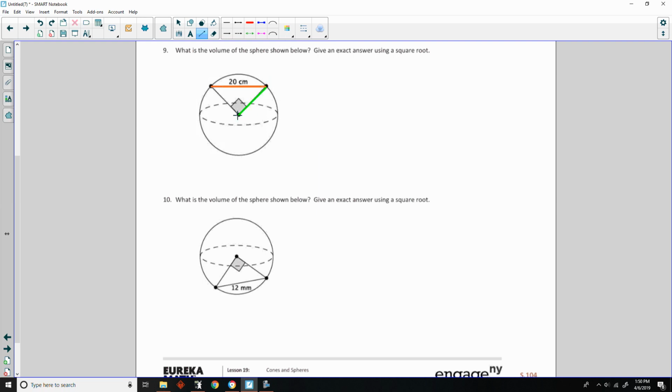And the radius is here, but the radius is also here. So those are equal. So if this is r, this is also r. So I need to find the radius in order to find the volume, because what is the volume of a sphere? Well, the volume of a sphere is 4/3 pi r cubed.